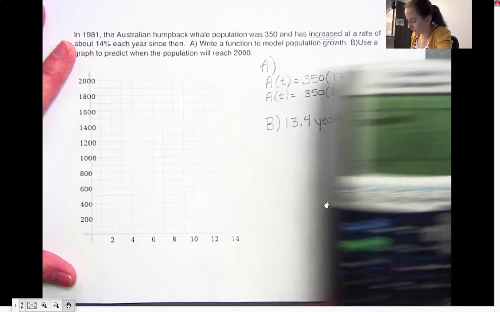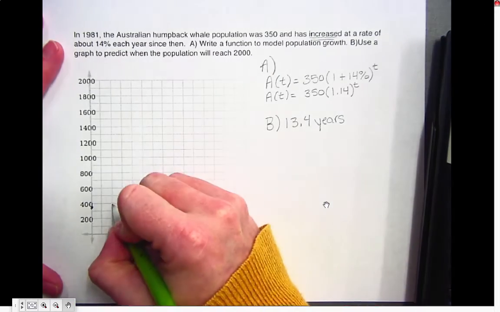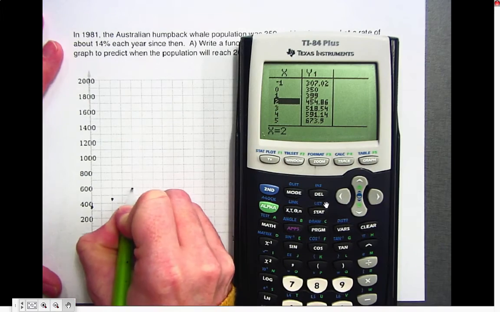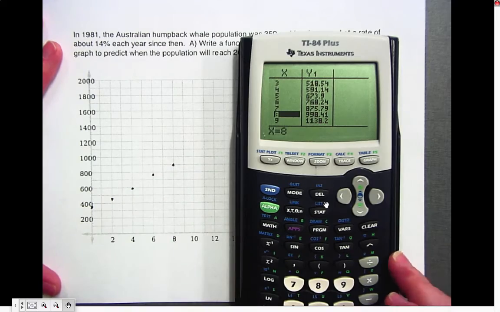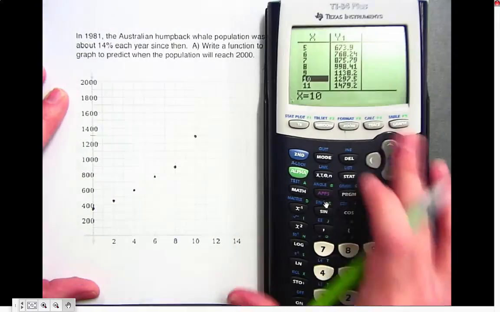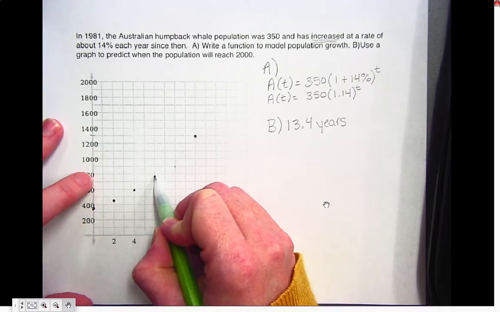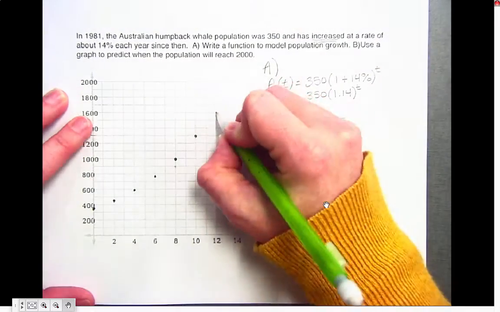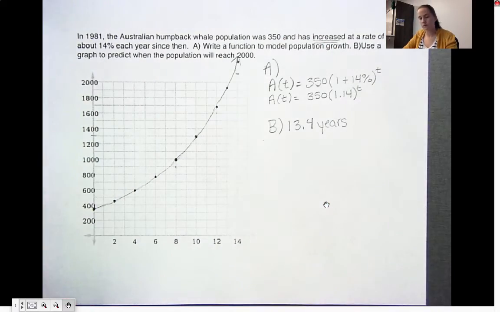So at 0, it's 350. Ta-da! And you made a prediction.